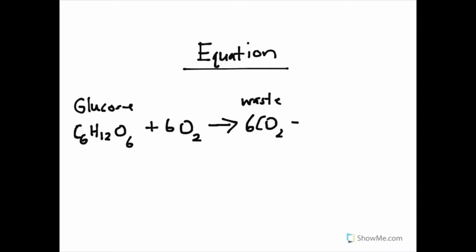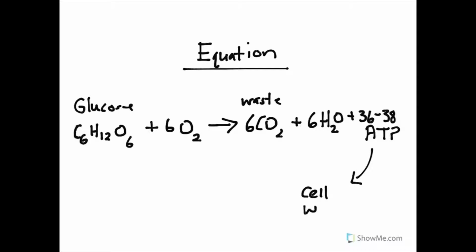And as well, we will get 6 molecules of water out of that that are produced. I will show you how that happens in the last video. And 36 to 38 molecules of ATP that I can get out of that. And this is the ATP that can go on to do cell work.